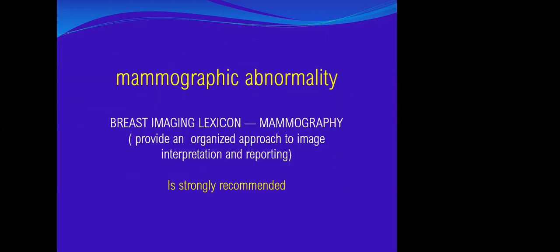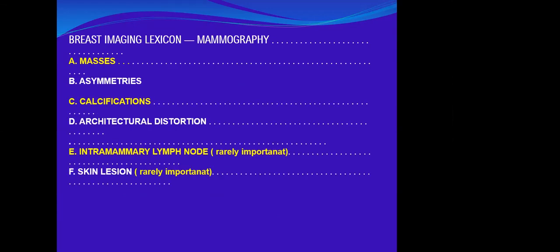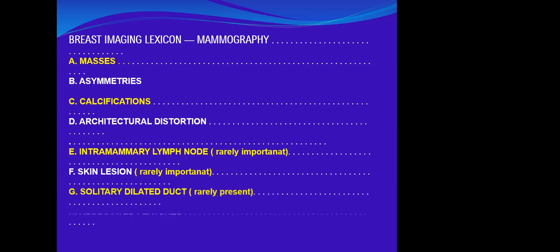And we said that the mammographic lexicon is strongly recommended, and the mammographic lexicon abnormalities include masses, asymmetries, calcifications, architectural distortions, intramammary lymph node, skin lesions, solitary dilated ducts, and associated features, as well as location of the lesions.